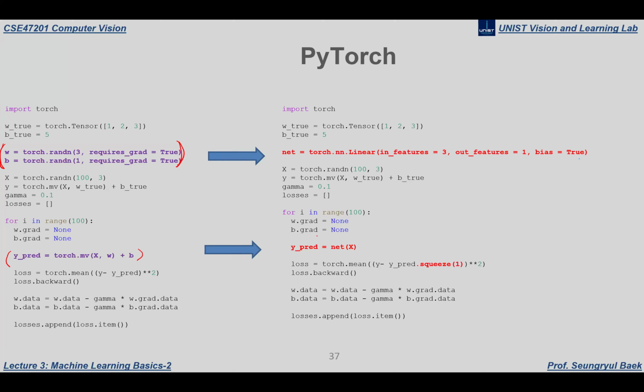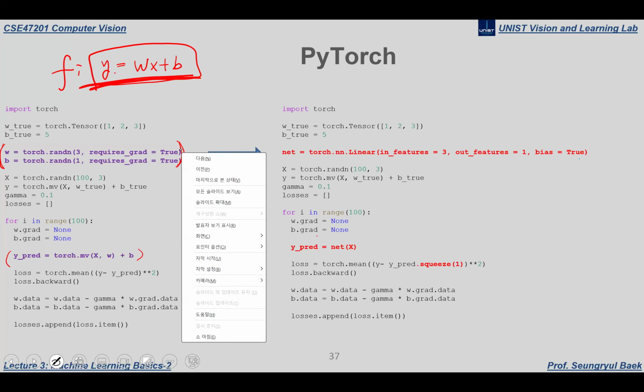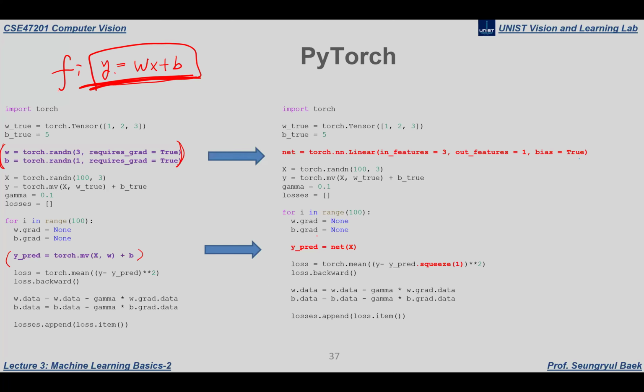But this is for defining a linear equation, right? So this is actually some function f we will learn. Are you guys following this? But every linear function shares this format.